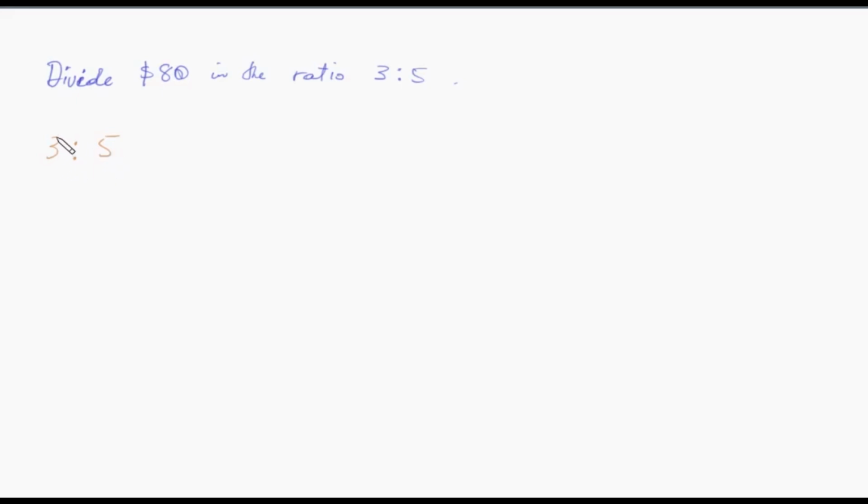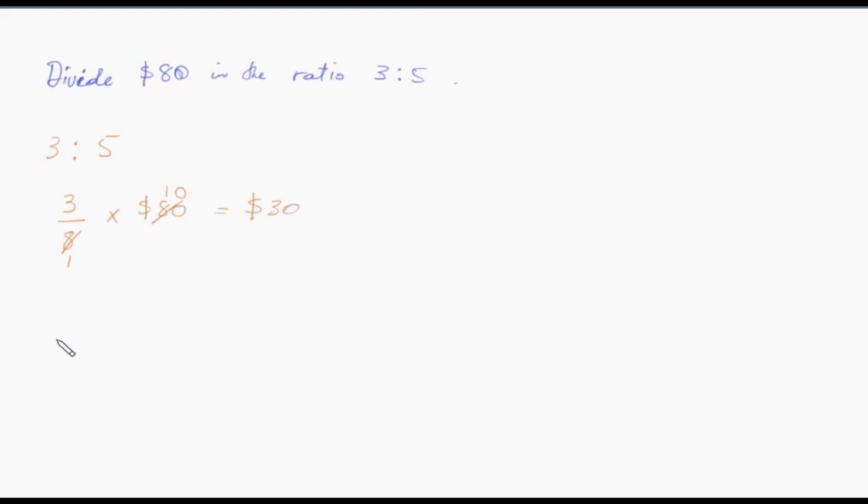So for this, you will have 3 over 8 times $80. All right? 3 over 8 multiplied by $80. Now, 8 goes once, in here it goes 10 times. So 3 times $10 will give you $30.